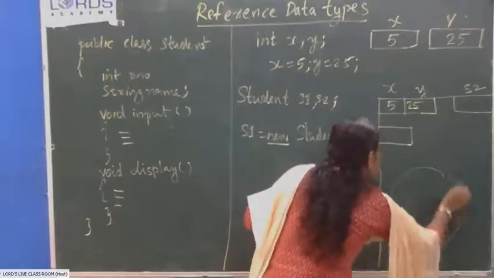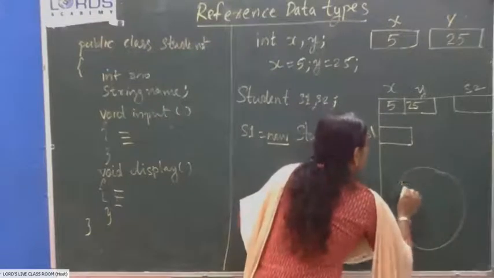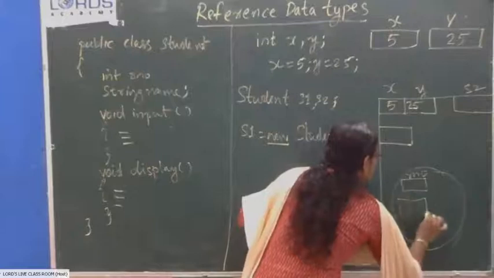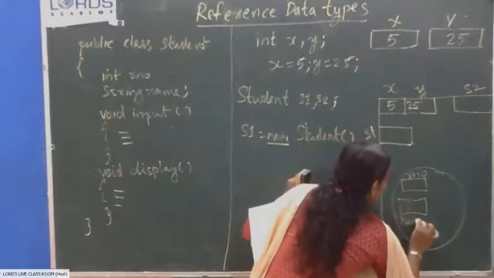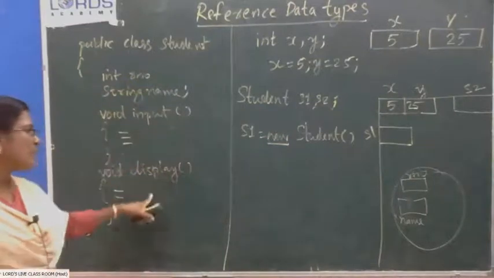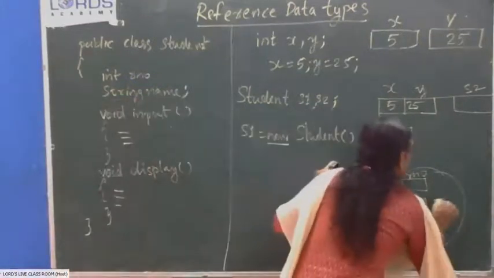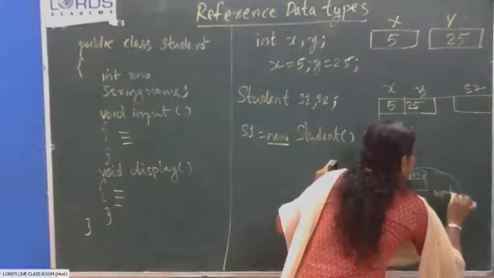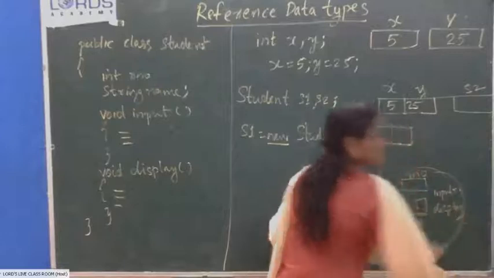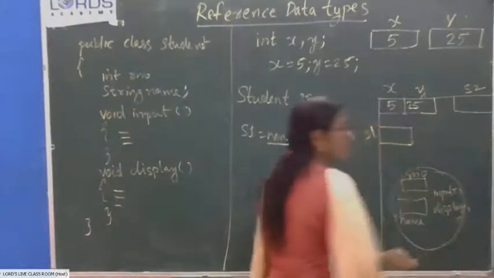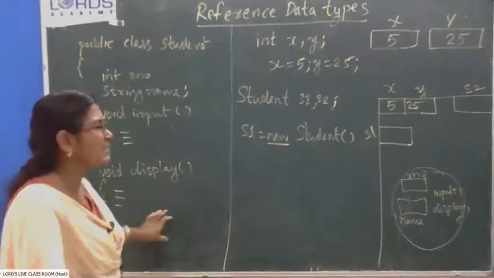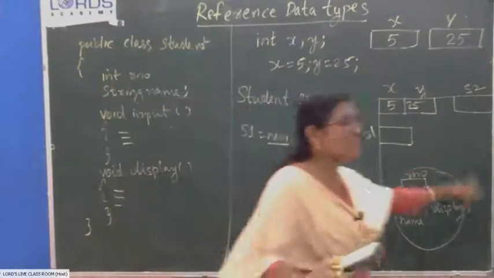So this is the object created in the memory, with all the characteristics defined in the class. The new keyword created an object in the memory.